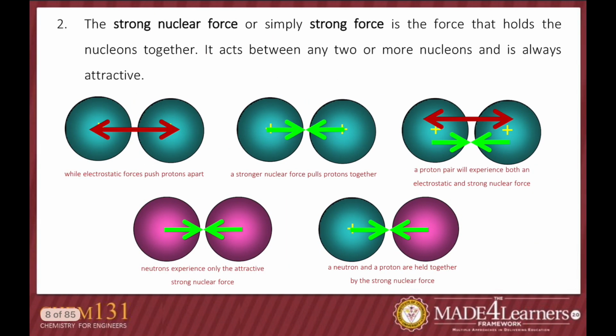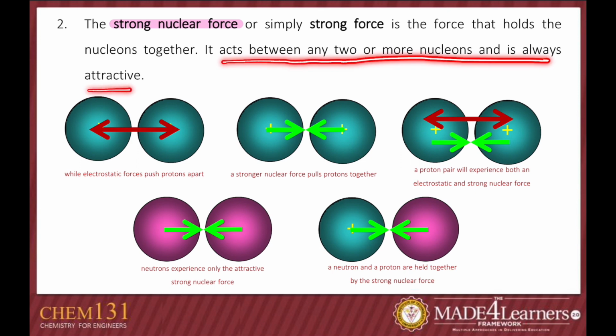Okay, and then the other type of force is the nuclear force. It's actually a nuclear force, but ano diha nga strong siya. It is otherwise called a strong force. It's the force that holds the nucleons together. And take note, it acts between any two or more nucleons and is always attractive.